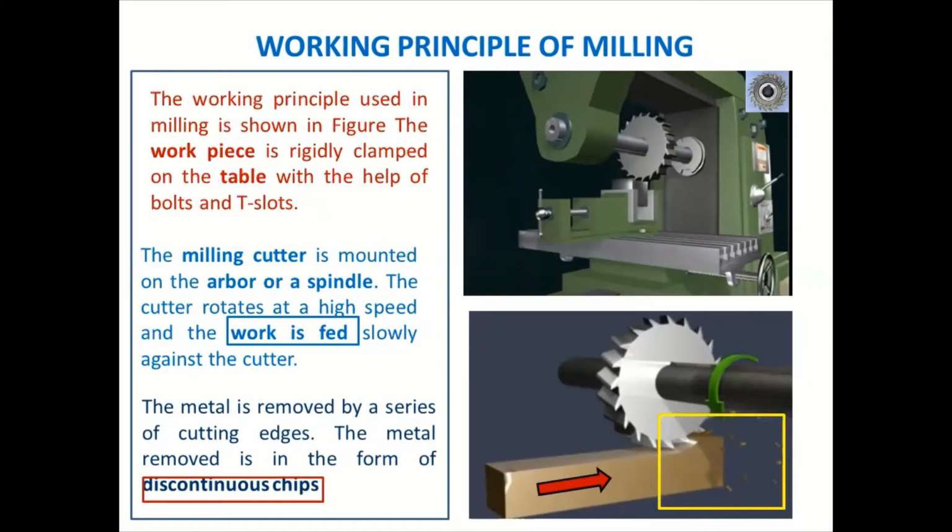You can see in this diagram also, big chips are there. We know that in non-conventional machining, the chips are very small or just in powder form, right? But here thick chips are removed.